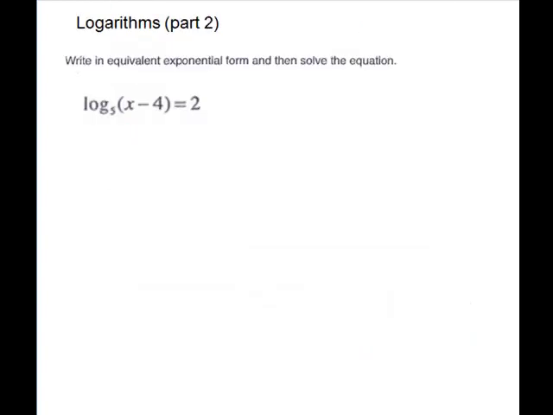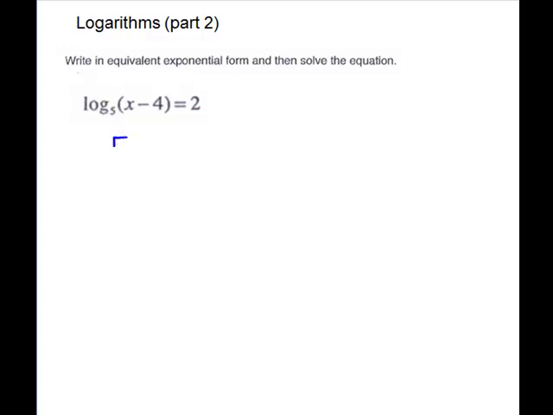Next, we'll look at a couple of equations, and we will rewrite in equivalent exponential form and solve the equation. So we're going to just switch back to our exponential form. So we're going to do 5 to the second power will equal whatever we were taking the log of.